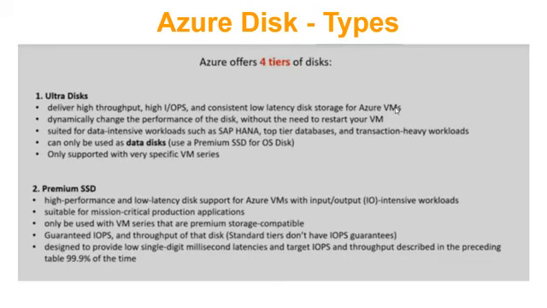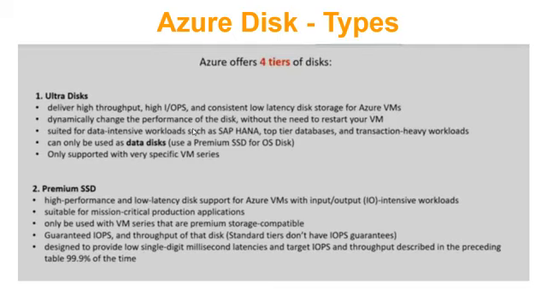So whenever you want high throughput and consistent low latency, in that case you can use Ultra Disk. And it also offers you the ability to dynamically change the performance of the disk, without the need to restart your VM. So for performance tier, we have two performances, one is premium SSD and the other is standard.